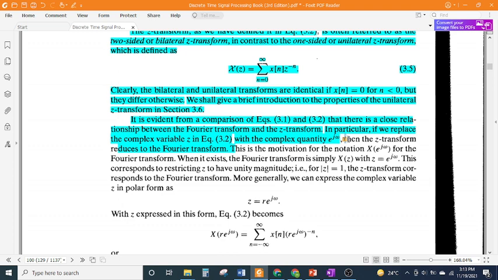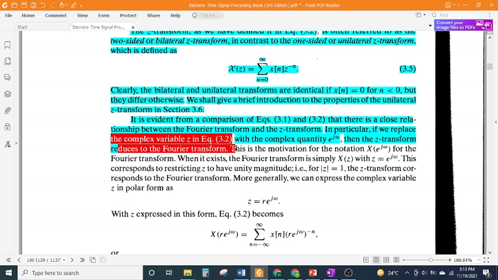This is the motivation for the notation X(e^{jω}) for the Fourier transform. When it exists, the Fourier transform is simply X(z) with z = e^{jω}. This corresponds to restricting z to have unity magnitude, i.e., |z| = 1. The Z-transform corresponds to the Fourier transform.